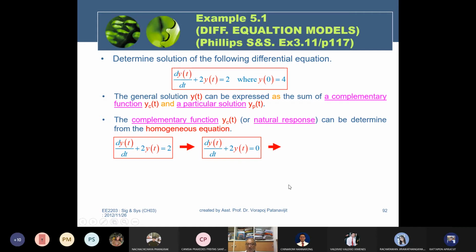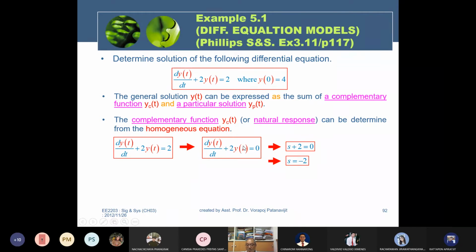After that, you find the characteristic equation. How to find it is very simple. If you differentiate y(t) one time, it gives you s to the power 1. If you differentiate y(t) 2 times, it gives you s to the power 2.